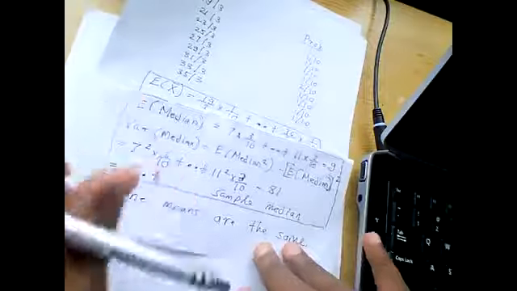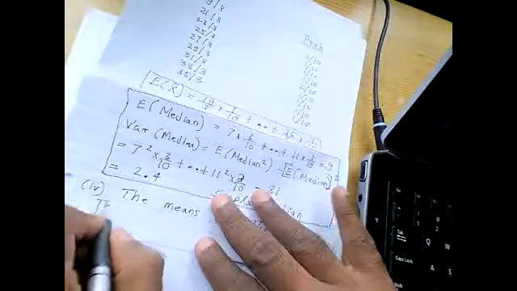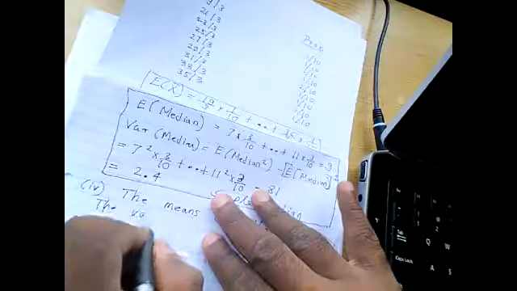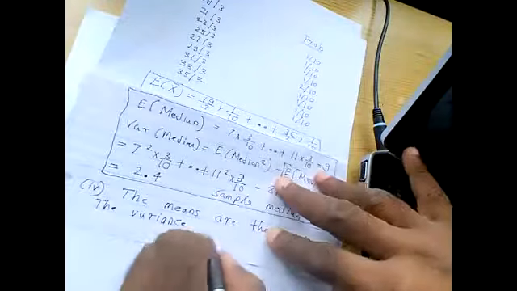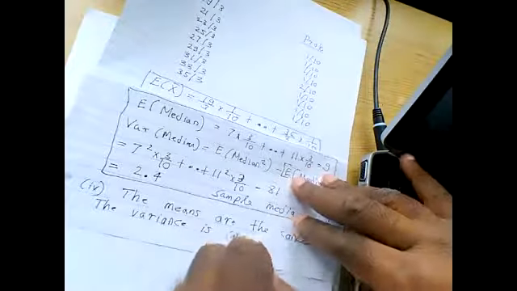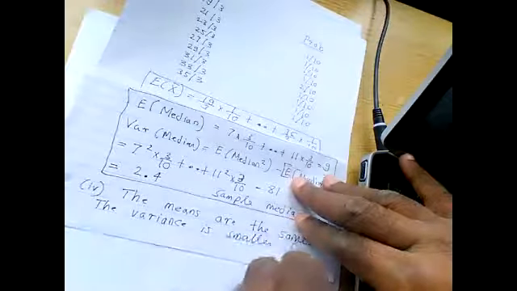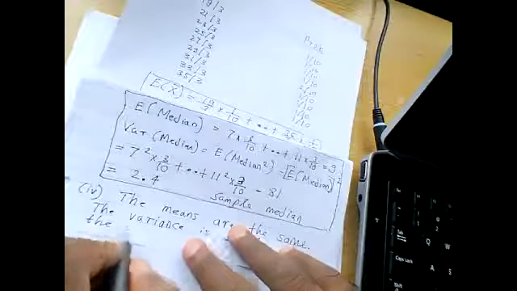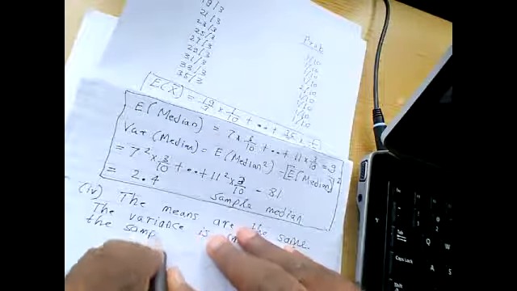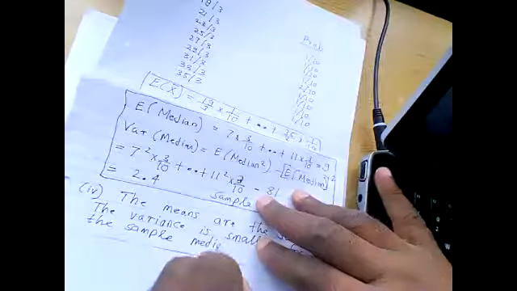But the variance is smaller for the sample median. Okay, the variance is smaller for the sample median.